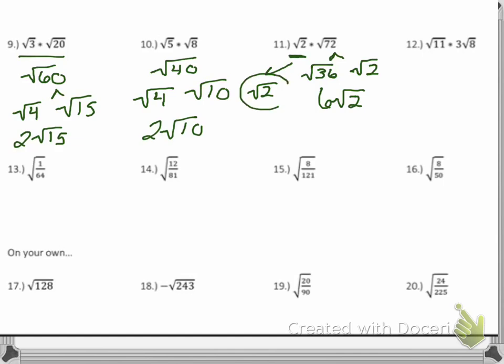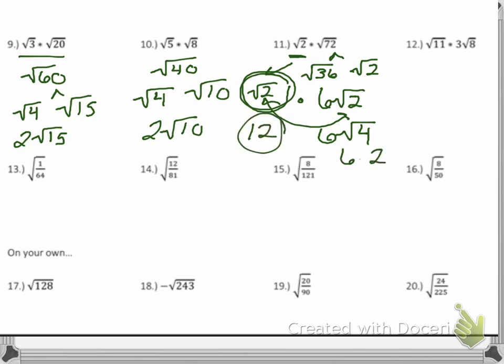But remember, I didn't do anything with that original root 2, and so it's all multiplication. So I would do root 2 and root 2 together. That would give me 6 root 4. But hey, the square root of 4 is perfect. So that's really 6 times 2, which is 12. So that's another way of looking at it. Or you could have done 2 times 72 and gotten 144. We know the square root of 144 is 12, so that would have probably been quicker. But another way of looking at it.